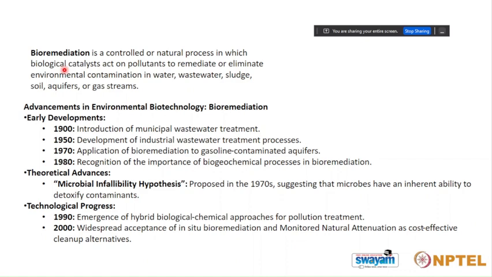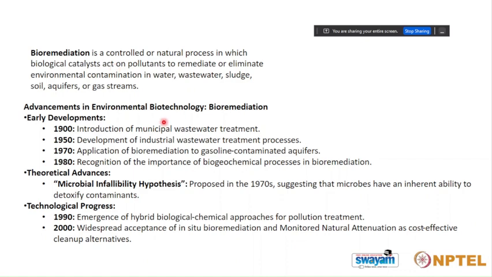Basically biological catalysts, which are nothing but enzymes, will act upon the pollutants, and these biological catalysts will be utilized to remediate a wide range of environmental matrices like surface water, wastewater, soil, aquifers or gas streams. So this is what the term bioremediation refers to.